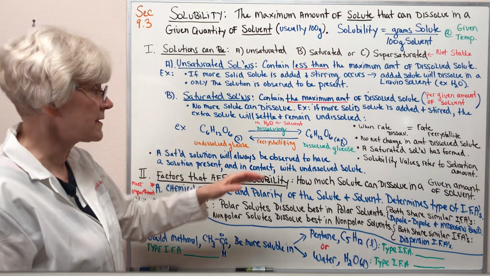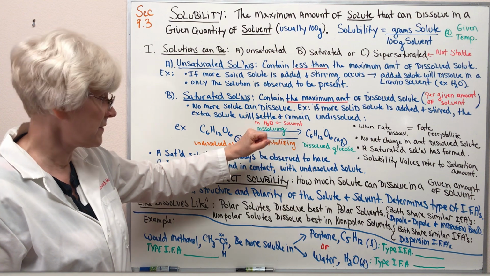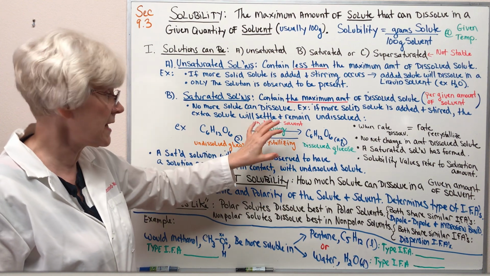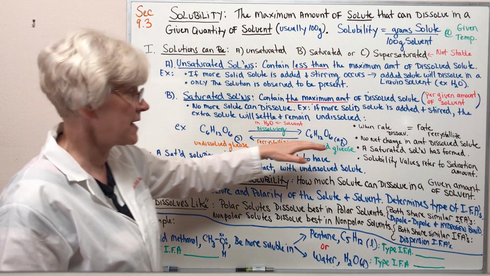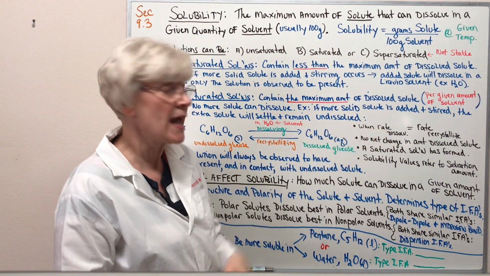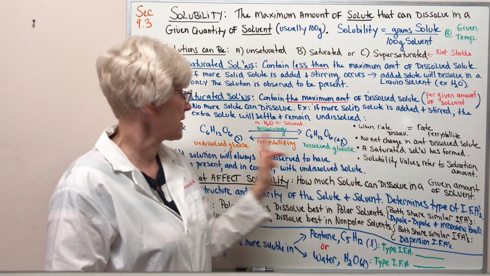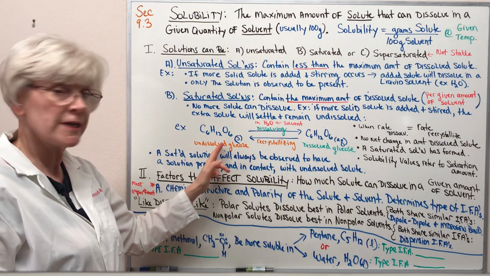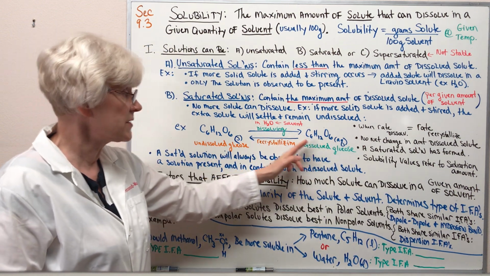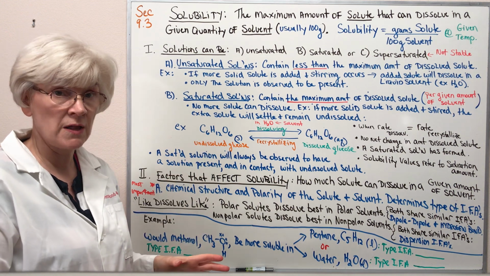At that point, what's happening, arrows in both directions, we've seen that before when we looked at equilibrium. What's happening in this system is that you've achieved an equilibrium where the rate of dissolving of glucose is equal to the rate of recrystallizing of dissolved glucose back into undissolved solid.